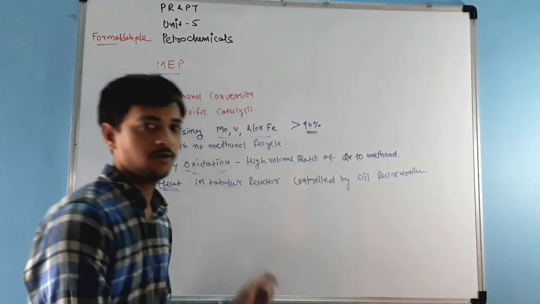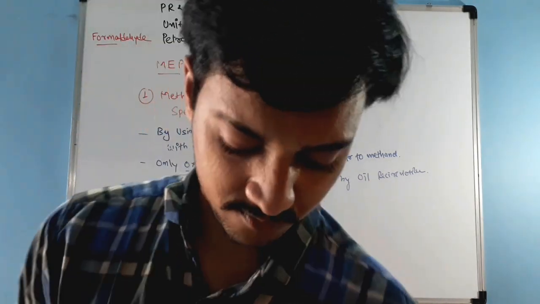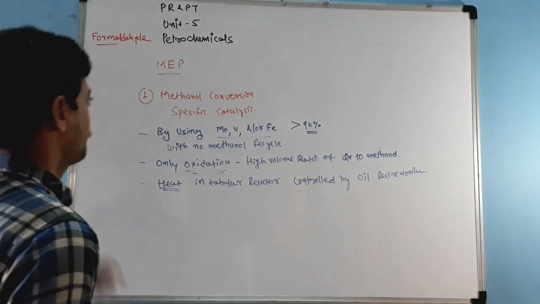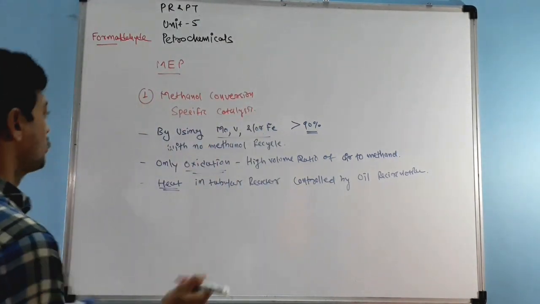These are the problems of methanol conversion. The second problem is choice of space velocity.